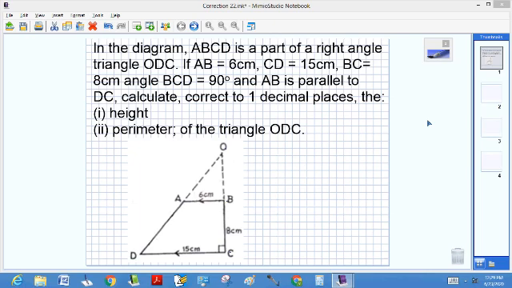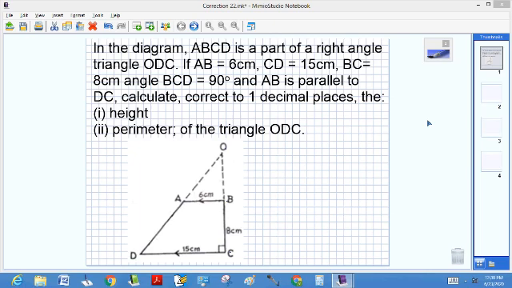If AB is 6 centimeter, CD is 15 centimeter, BC is 8 centimeter, angle BCD is 90 degrees, and AB is parallel to DC. Calculate, correct to one decimal place, the height and perimeter of the triangle ODC.